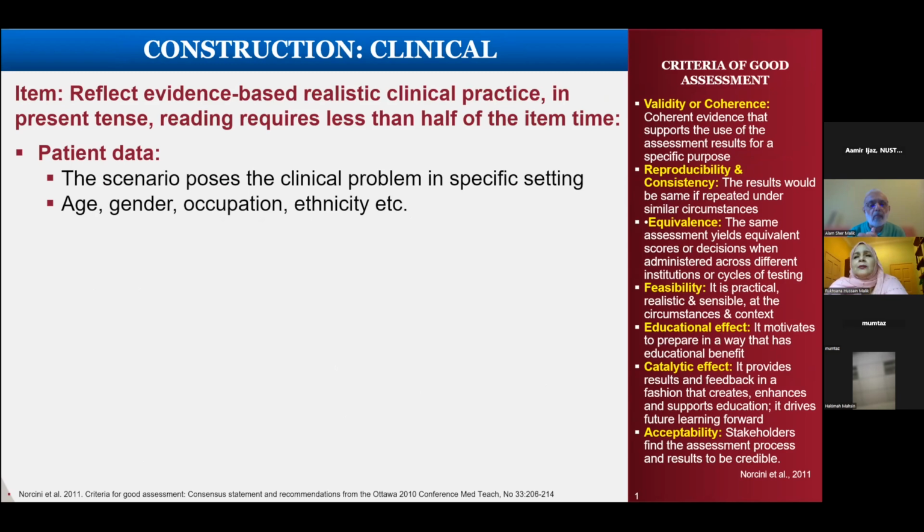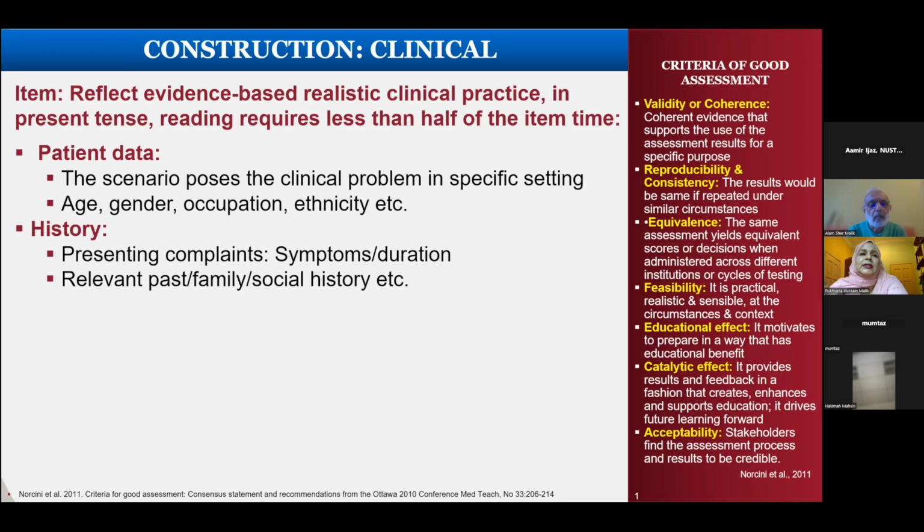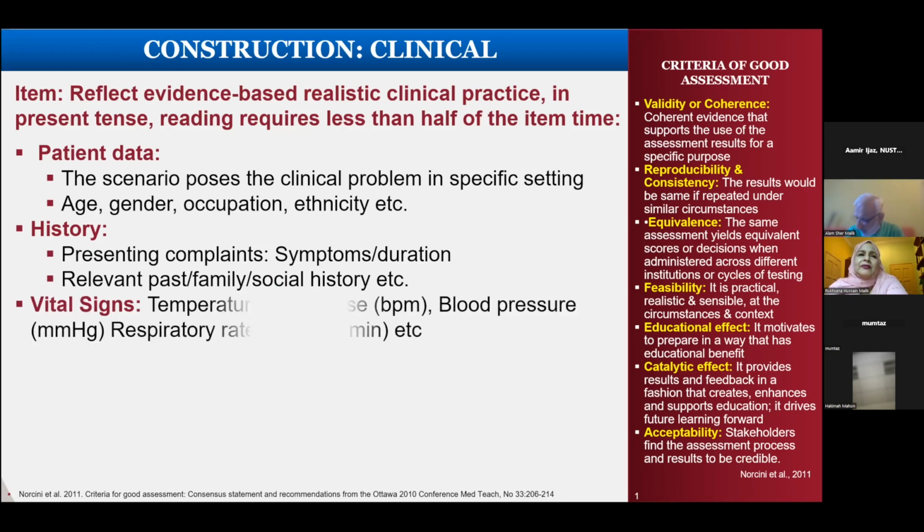Similarly, some conditions are more prevalent in different races, so ethnicity can come in, especially in Malaysia, because we have the three main communities here, the Malays, the Chinese and the Indians, and some of them have specific conditions which are more prevalent in one race or another, so ethnicity needs to be mentioned in that. The presenting complaints, symptoms, and the duration, relevant past, family and social history, if required, you can have that in your question.